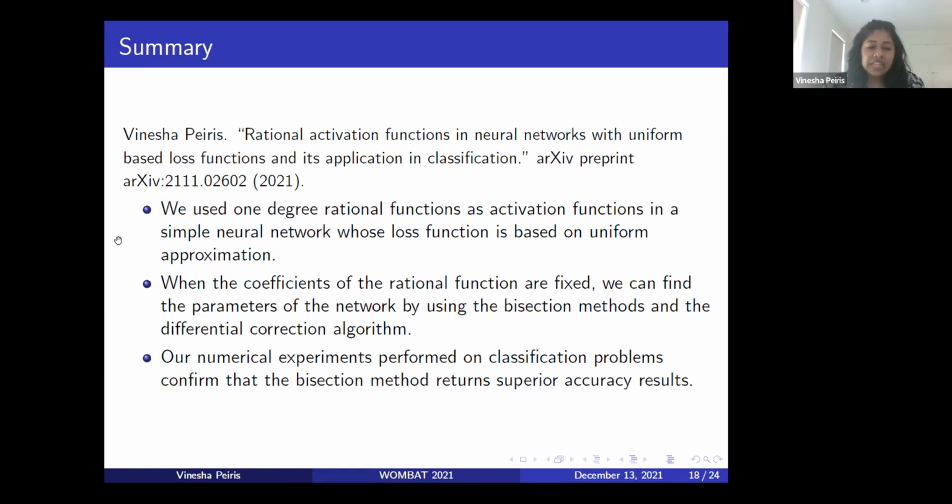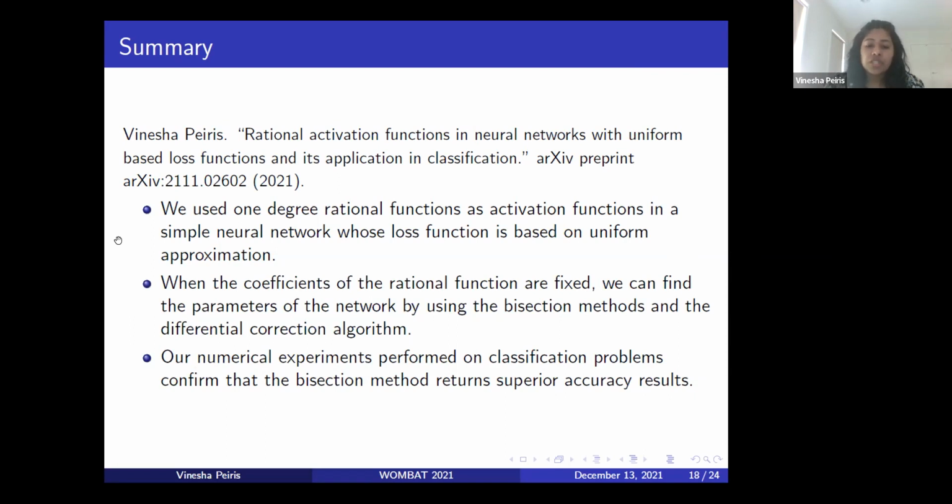What we did here, we used 1-degree rational functions as activation functions in a very simple neural network, which has no hidden layers, and there's just one output node in the output layer. My loss function is based on uniform approximation. When you fix the coefficients of this 1-degree rational function, the corresponding optimization problems appearing in this network are equivalent to the optimization problems appearing in the generalized rational approximations.